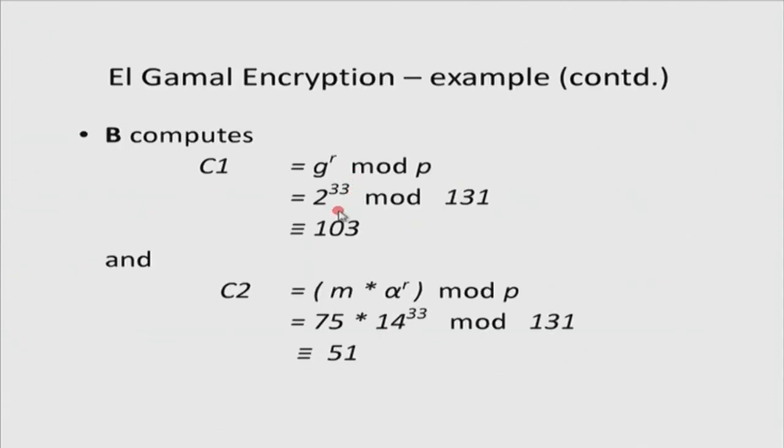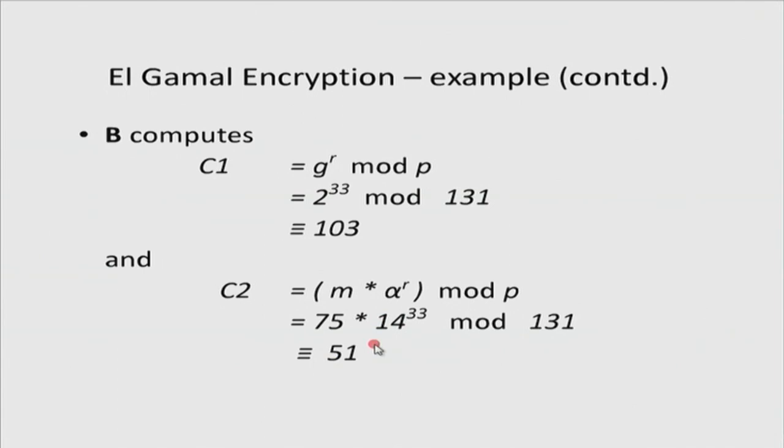G raised to R, so 2 raised to 33 mod 131, which is 103, and this thing, M is 75, alpha is 14, and the random number is the same thing over here, 33, and this is 51. So the ciphertext corresponding to the message 75 is two numbers, 103 and 51.